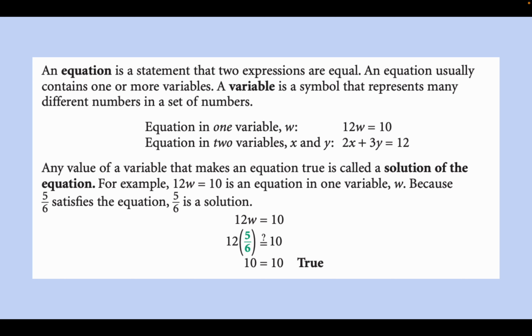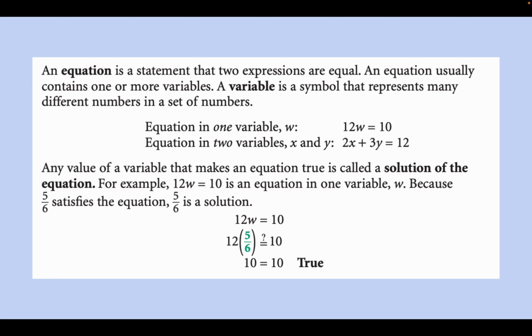Next, any value of a variable that makes an equation true is called a solution of the equation. For example, 12w equals 10 is an equation in one variable, w, and 5 over 6 satisfies the equation, so 5 over 6 is a solution. Looking at the first example, 12w equals 10, what times 12 equals 10?